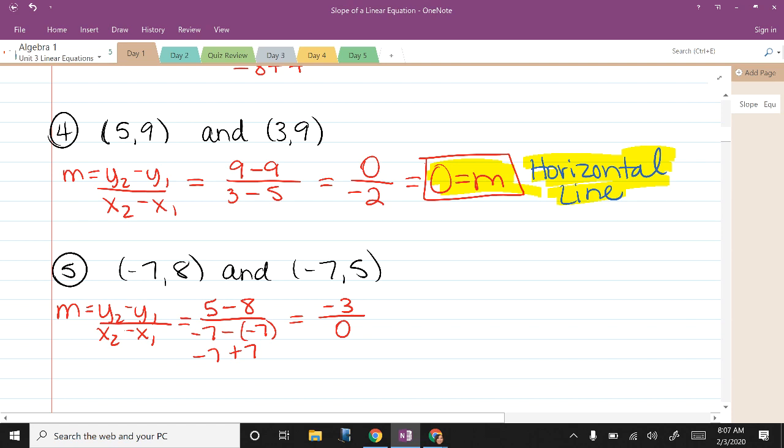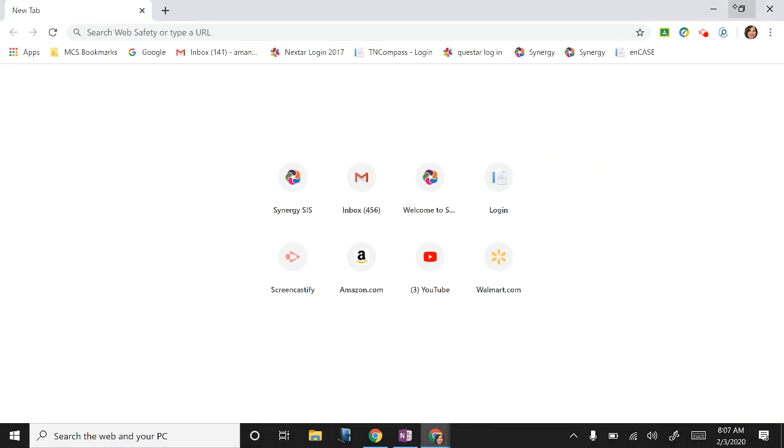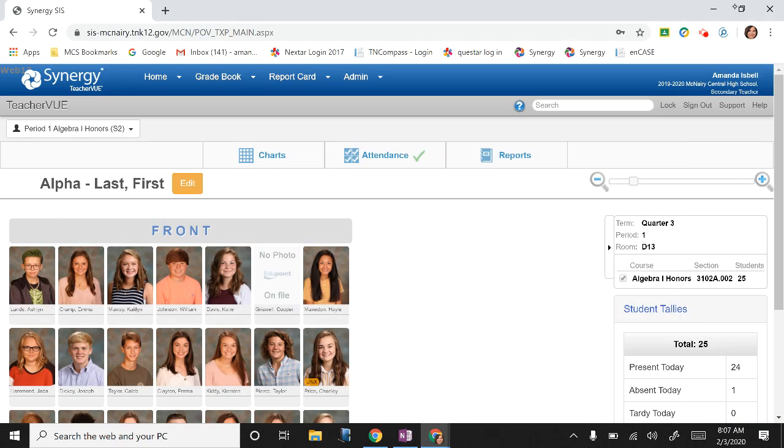What's negative 3 divided by 0? It is not 0. Who has a calculator? Do it right now. Negative 3 divided by 0. I'm going to do it up here for all to see. Hang on.